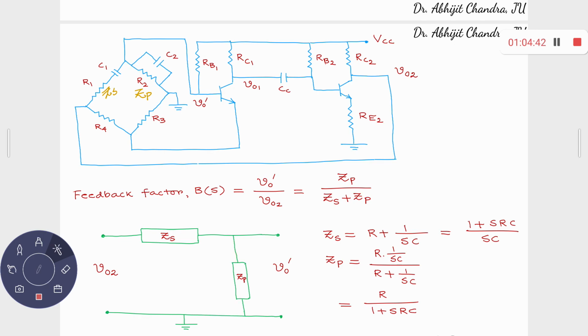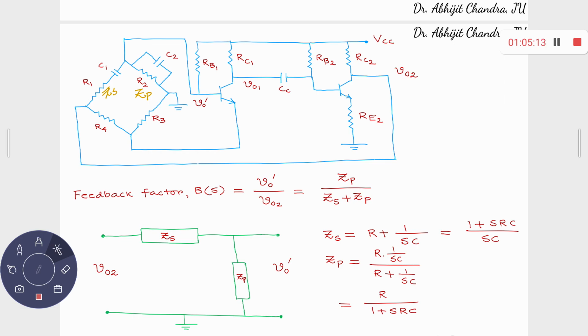Okay? You calculate what is ZS: 1 plus SRC upon SC. What is ZP? R by 1 plus SRC. Right? What is the feedback factor then? VO dash by VO2. VO dash is the output of your feedback network, and VO2 is the input of the feedback network. So their ratio, VO dash upon VO2, will give you the feedback factor.